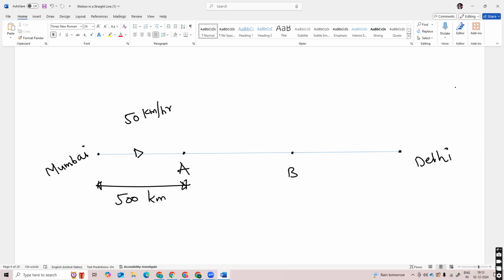Then the train stopped at point A for, let's say, 1 hour. Again, the distance between point A and point B is 300 kilometers, and the train was moving at 60 kilometers per hour between point A and point B. And when it reached point B, it stopped for 1 hour.